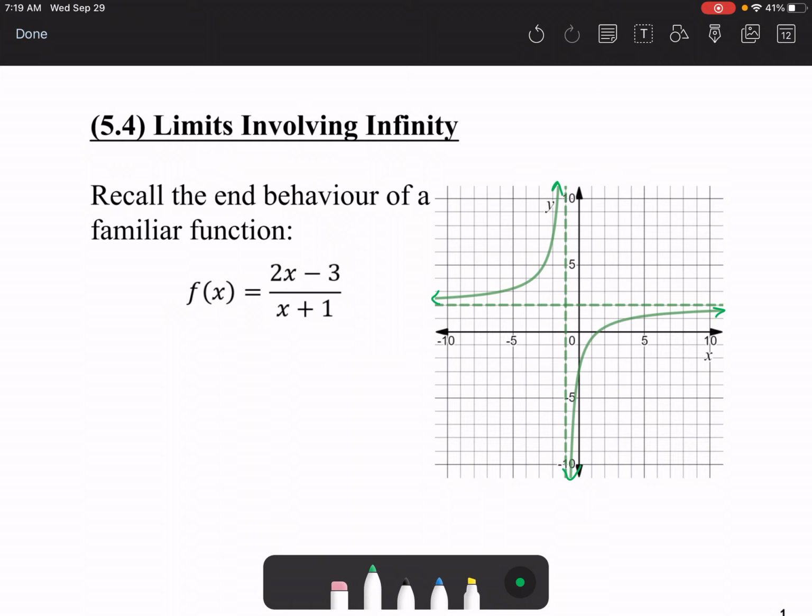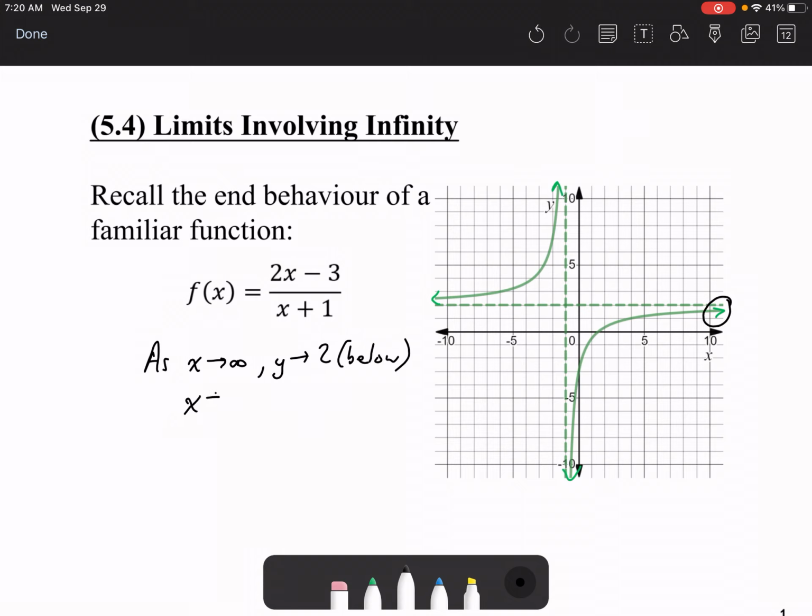The function's equation has actually been given off to the side. Well, you can describe the end behavior here in different ways. As x approaches infinity, the y value approaches 2 from below. So you can see that there.